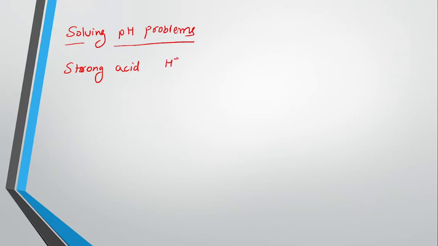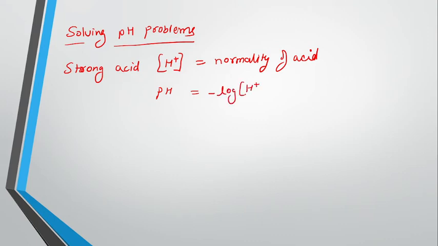So H plus ion concentration in case of a strong acid will be equal to the normality of the acid. Okay, now pH is equal to minus log H plus ion concentration.